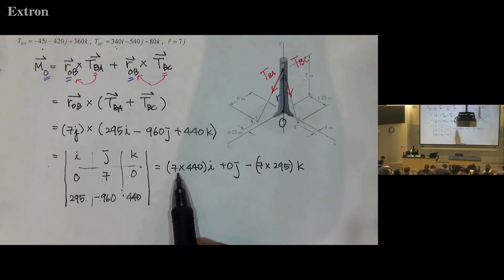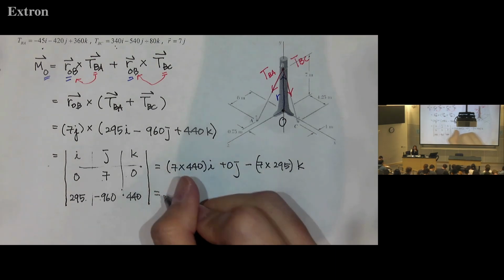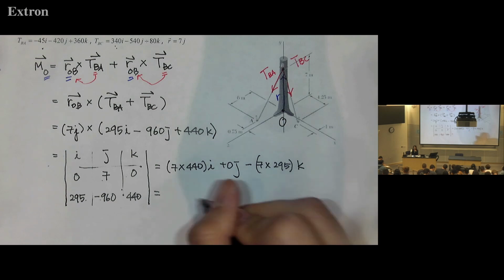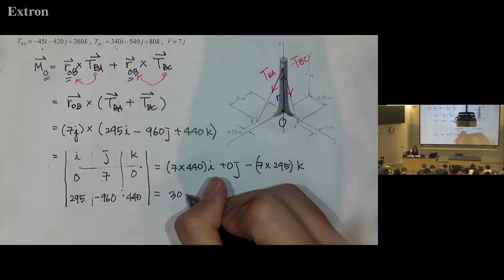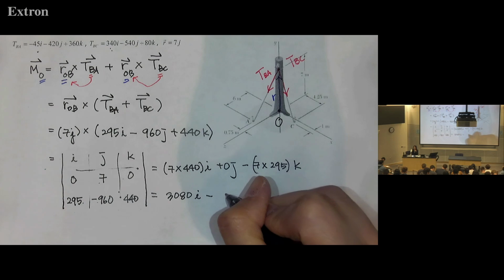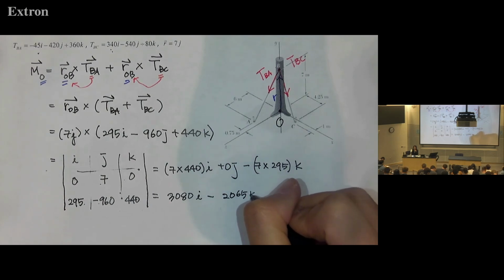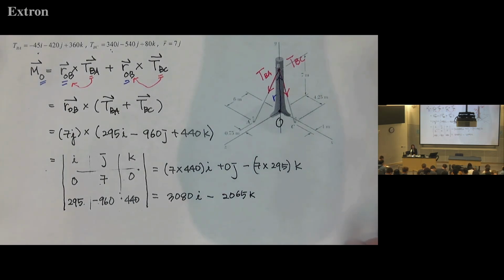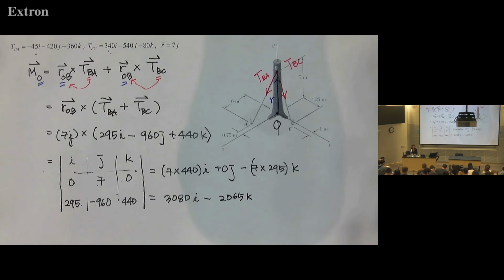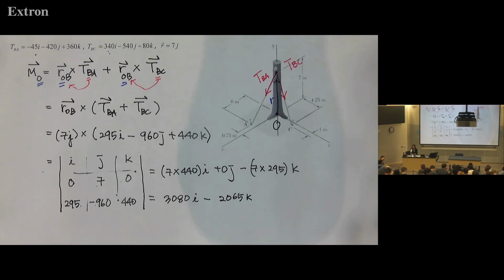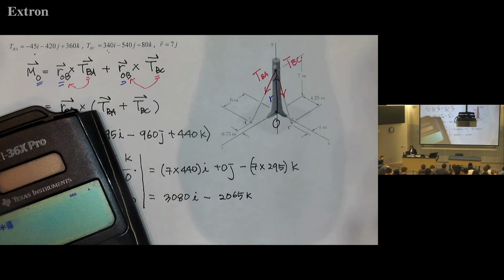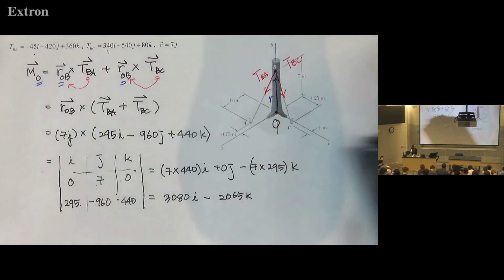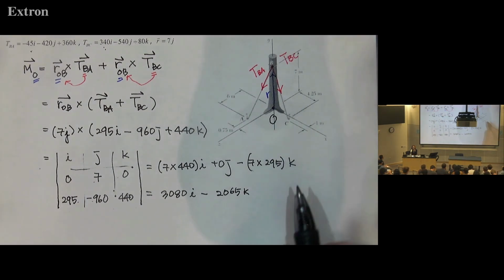When you calculate this, it is 3080i minus 2065k. Okay, so this is the result.